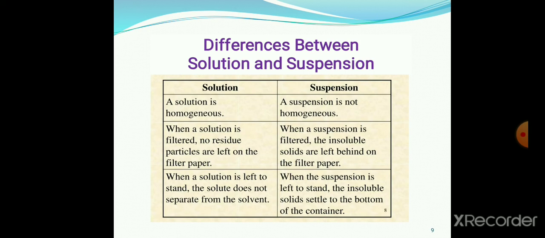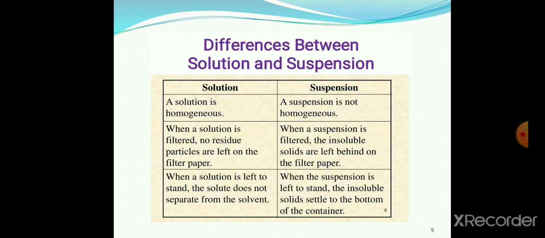Because the solute particles are suspended in the solvent, and hence the suspension is not homogeneous.